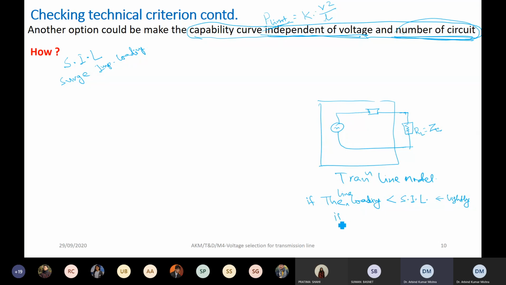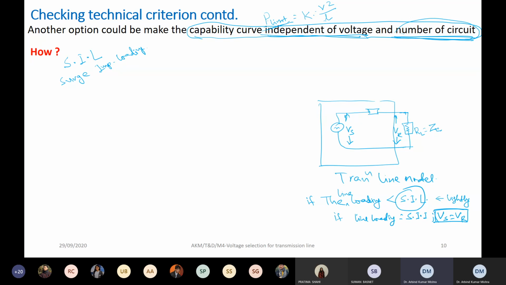Because if the line loading is equal to the surge impedance loading, then Vs is equal to Vr. This is Vs, the sending end voltage. This is Vr. Here we are not using the surge impedance loading to make the sending end voltage equal to the receiving voltage, but we are just using this terminology, surge impedance loading.